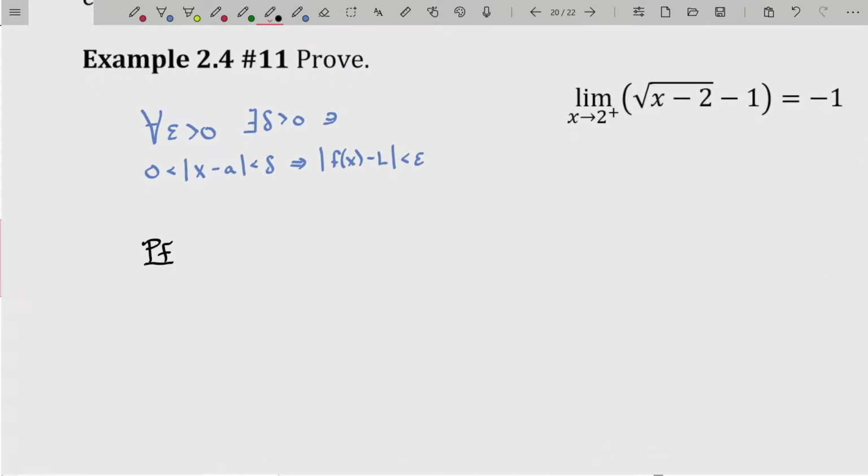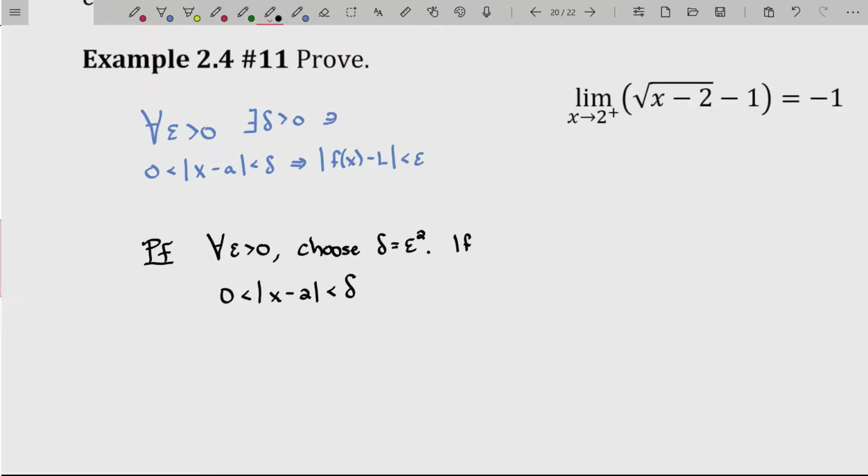And when you write your proof, remember, you're just going to copy the definition. So given any epsilon greater than 0, we will choose delta to equal epsilon squared. Well, if that's the case, then as long as the distance between x and 2 is less than delta, and by the way, technically speaking, this is where a professor might yell at me and say, wait a second, there's no need for the absolute values there.